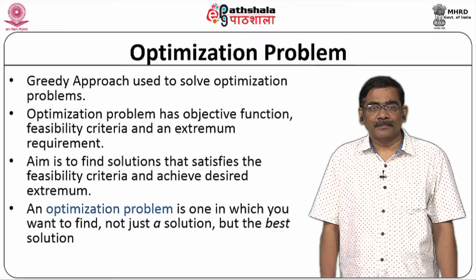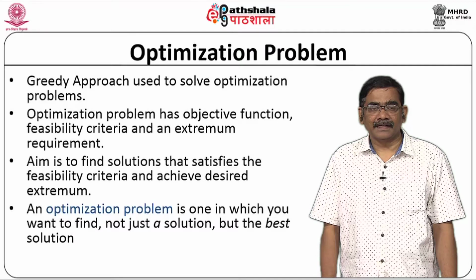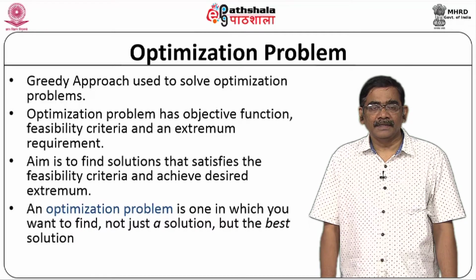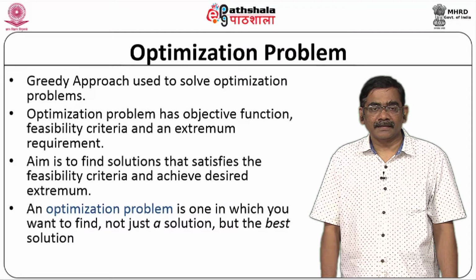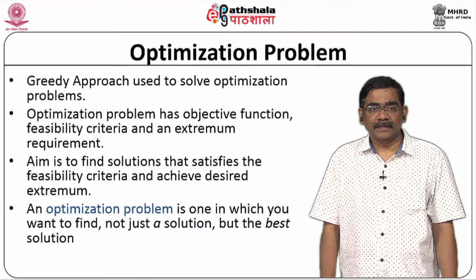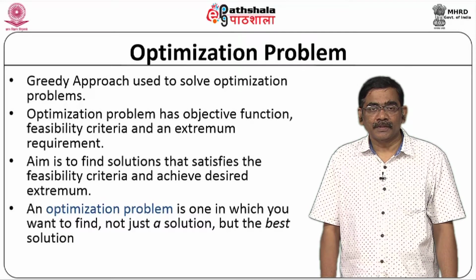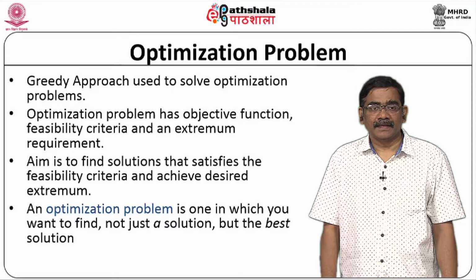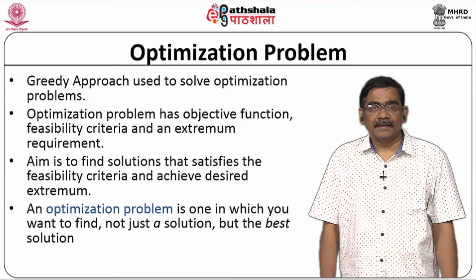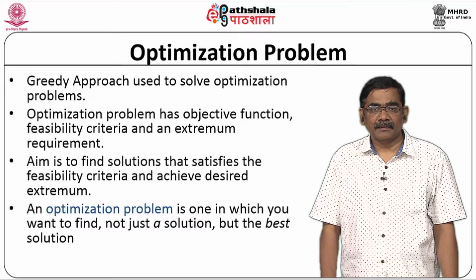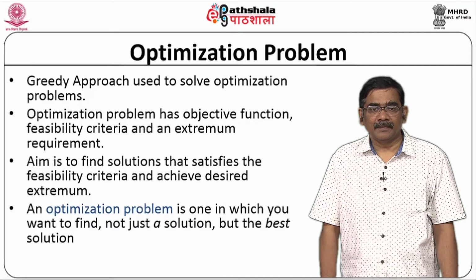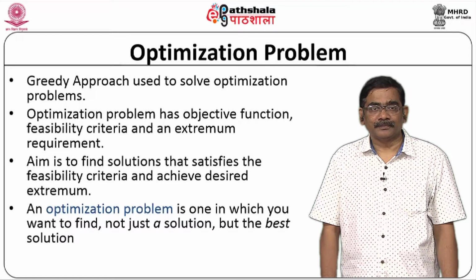Then we will have feasibility constraints. These constraints are stated as a function, and any solution is supposed to satisfy these feasibility criteria, and an extremum requirement like the maximization or minimization of the given objective function.